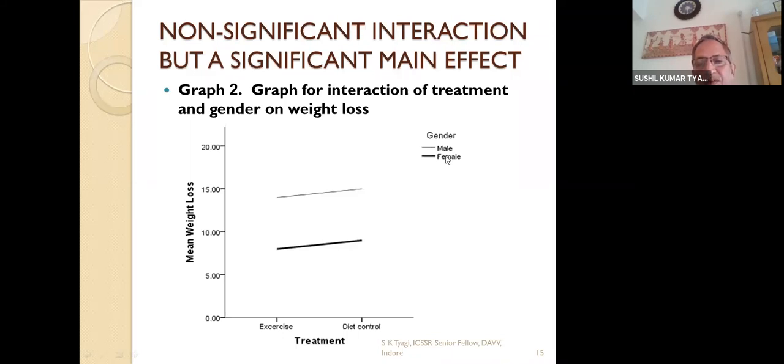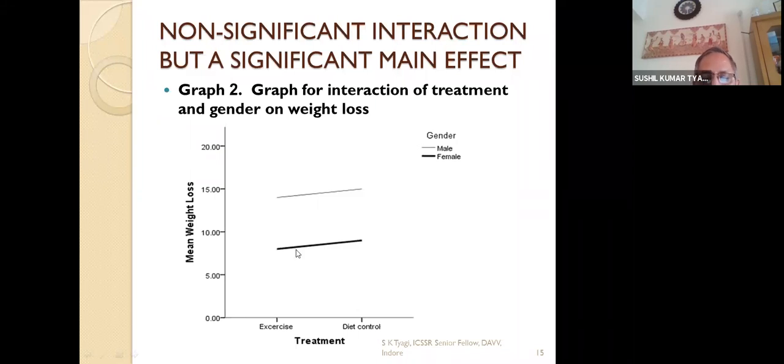We have the effect of gender but not the effect of treatment, because diet control has a high weight loss as well as low weight loss. Exercise too has high weight loss as well as low weight loss. So the mean of these two is almost the same, because the slant is very little for these lines. If the slant would have been like this, then there would have been a difference between diet control and exercise. Now this is an example where we have a significant effect of gender, non-significant effect of treatment, and non-significant interaction.